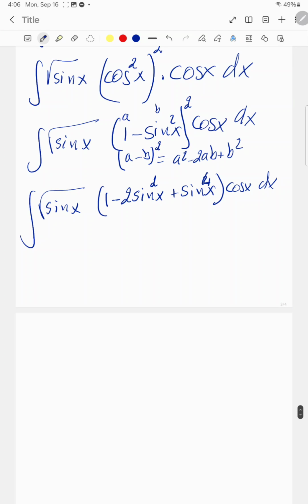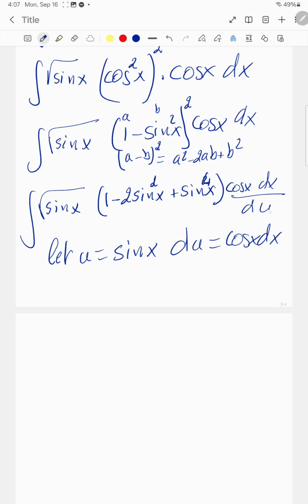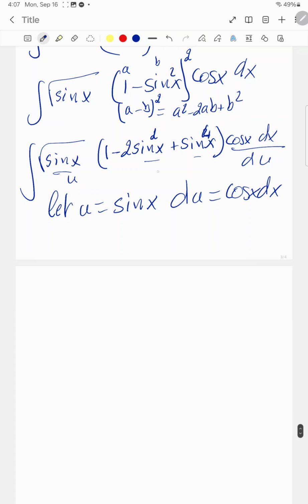Now, I can say let u equal to sine x, because I know the derivative of sine x is cosine x. Let u equal sine x, so my du is equal to cosine x dx. So this becomes my du, and all the sine x becomes my u.